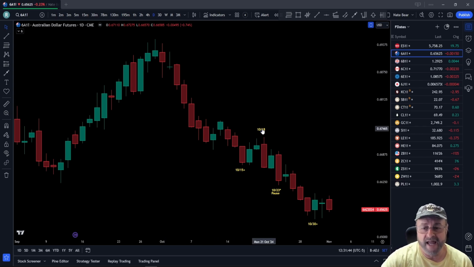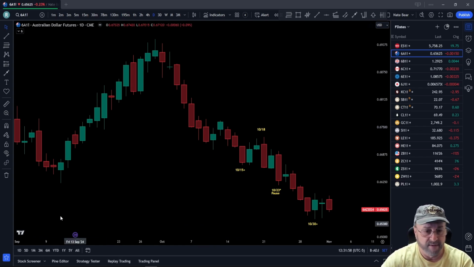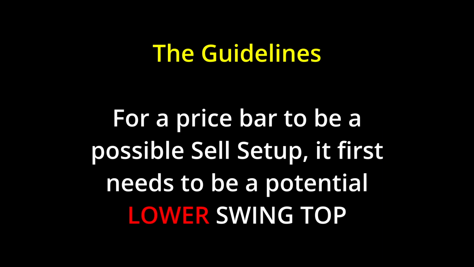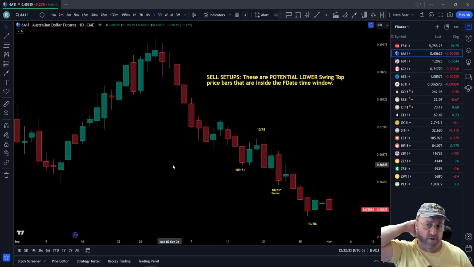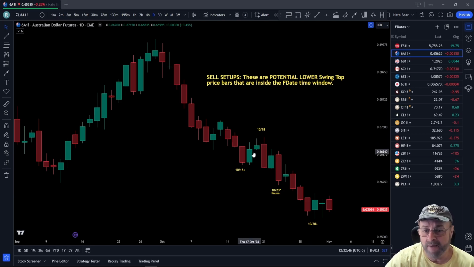Now, the next one that came up on the report was 1018. Now, 1018 was this high right here, and it was a potential swing top. Because it was a potential lower swing top, for those who are using the F dates, that means that this 1018 here was a sell setup.